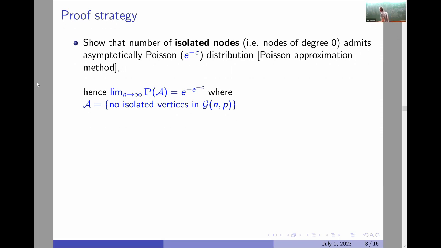The probability that i is isolated is equal to (1 minus p) to the n minus 1. And so from this, if p is (log n plus c)/n, you can figure out that it is going to be roughly of order e to the minus c over n.